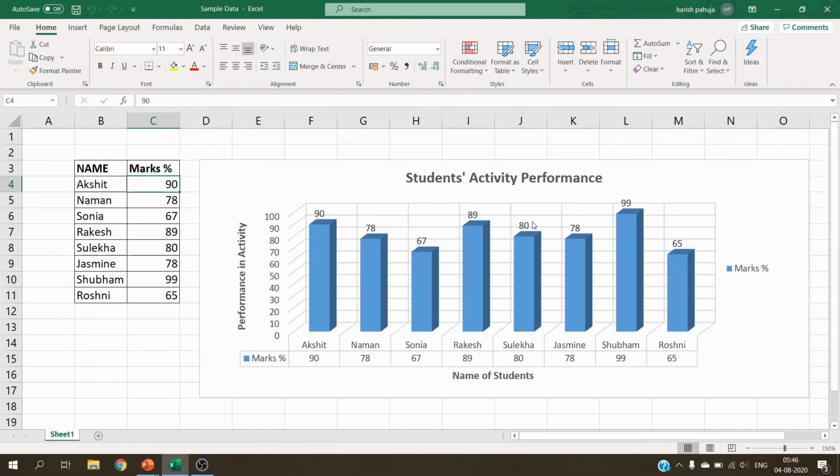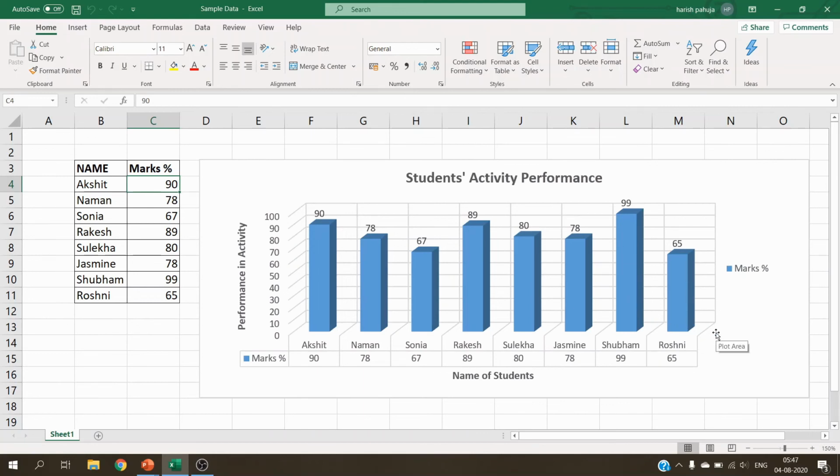So we have seen the legend, we have seen the title. Now this is the area which is called the chart area, where all the things are contained, right? And this area where these bars are, this is actually the plot area.